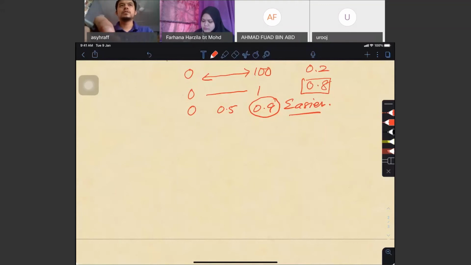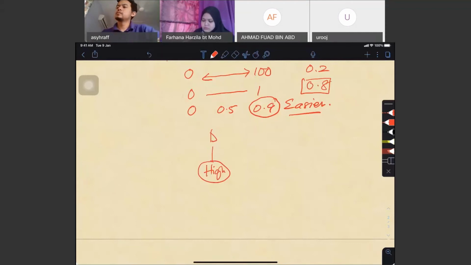But for me, I will look at the discrimination first. If it is high, then I'm not too worried about the difficulty.